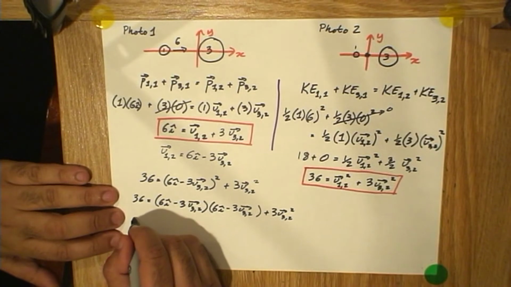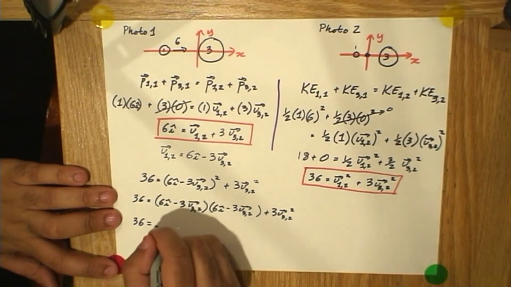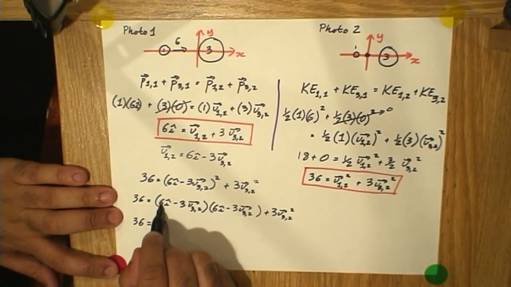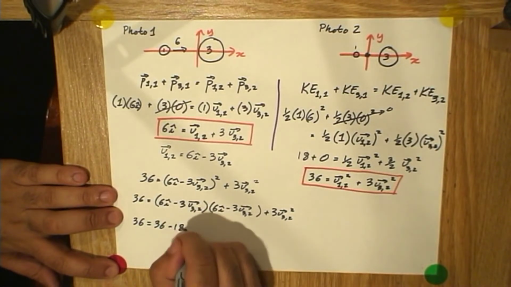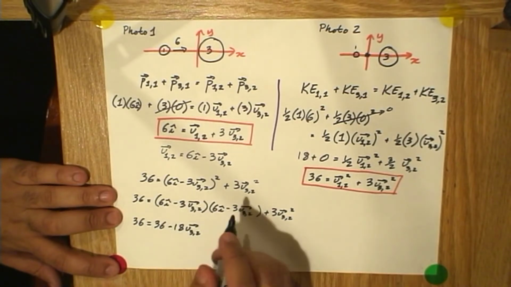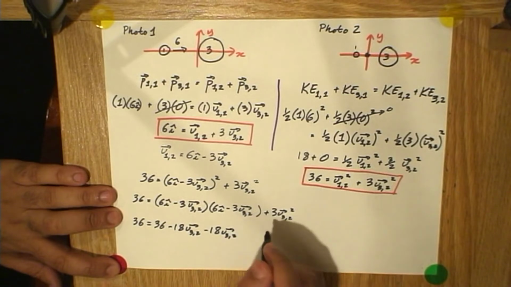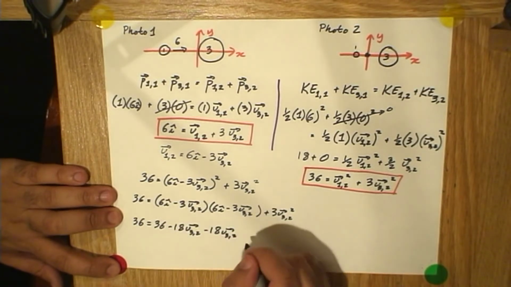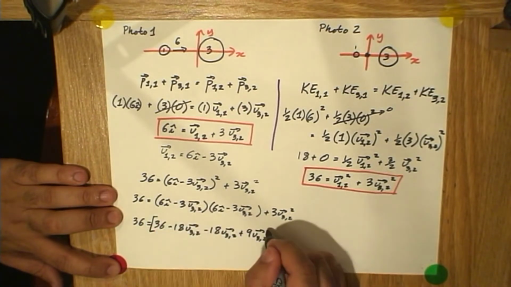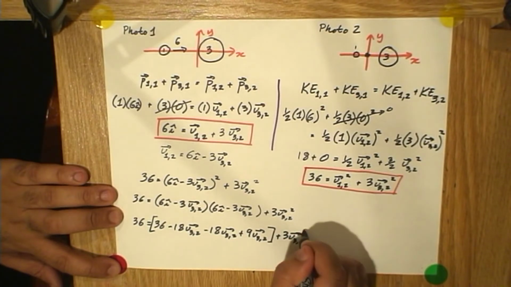So let's do FOIL. 6 times 6 is 36. Outsides, 6 times negative 3 is negative 18. Insides, negative 3 times 6 is another negative 18. Lasts, negative 3 times negative 3 is positive 9. And this whole thing now gets added to 3 V32 squared.